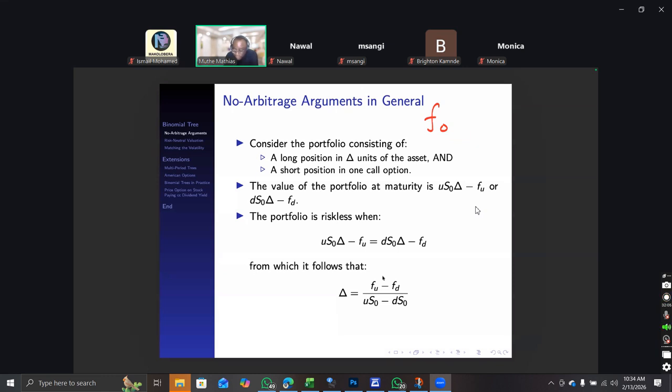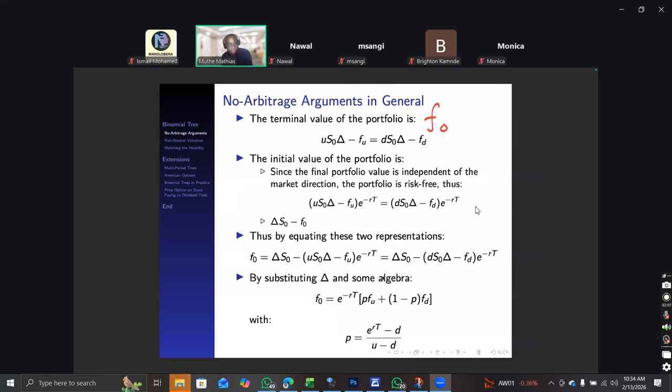So we are saying we need to take the value of the portfolio at maturity, which can be either this or this one here, because they are the same, so it does not matter. Then we take all this and discount it to today. So this is the same as taking this or this one here and just discounting to today's values, right?